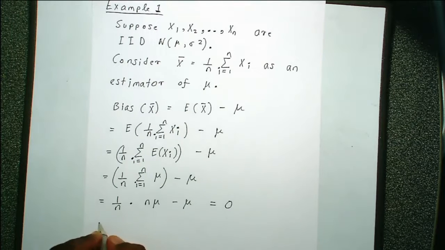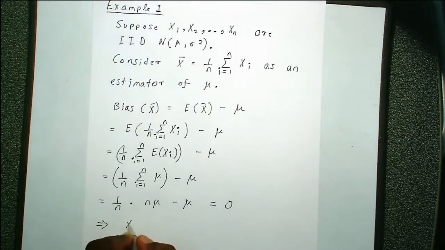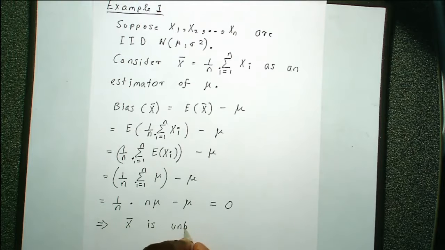So what this implies is that x bar is an unbiased estimator for the population mean. Remember, unbiased means that the bias is equal to 0, right?